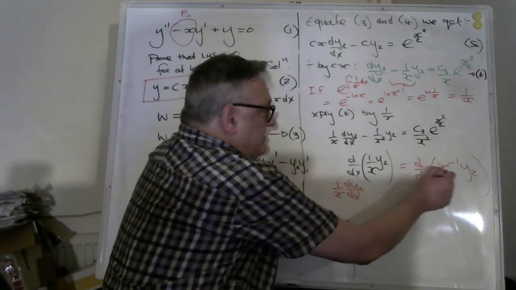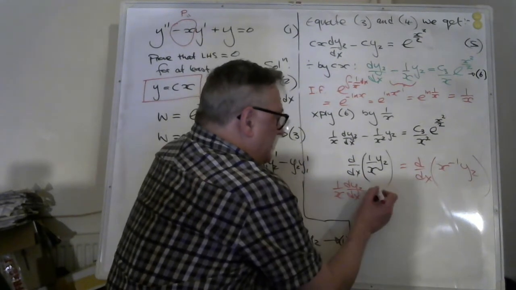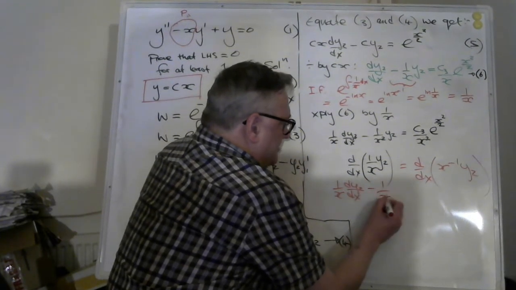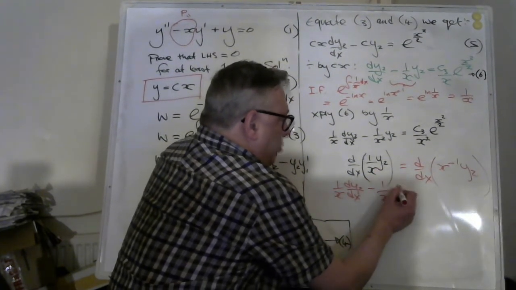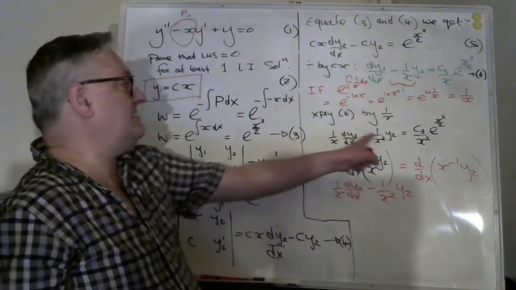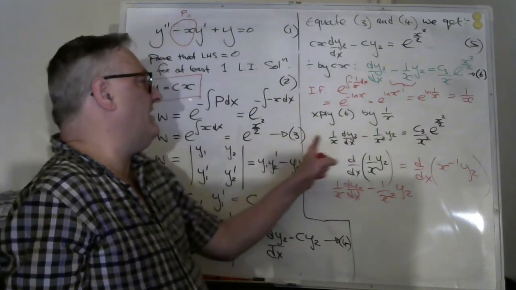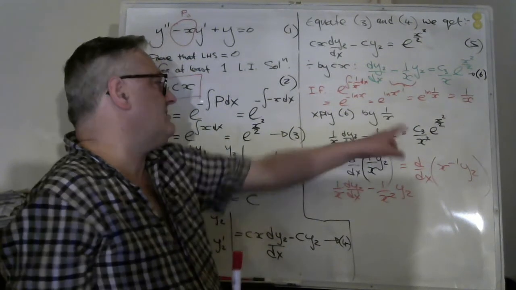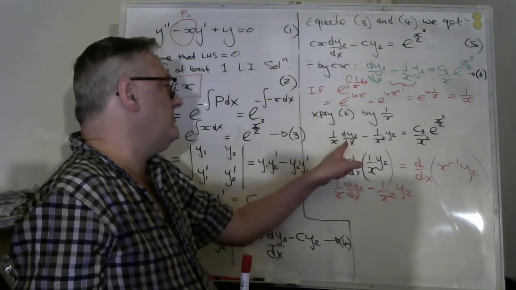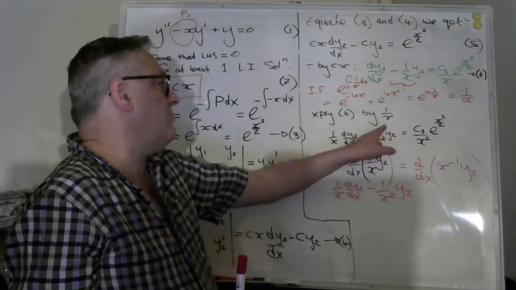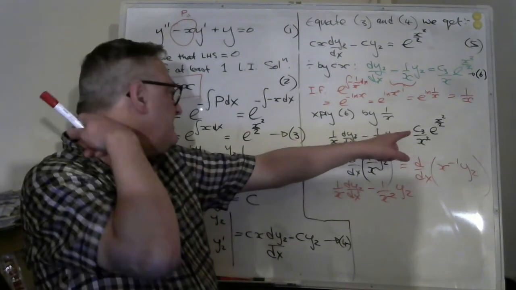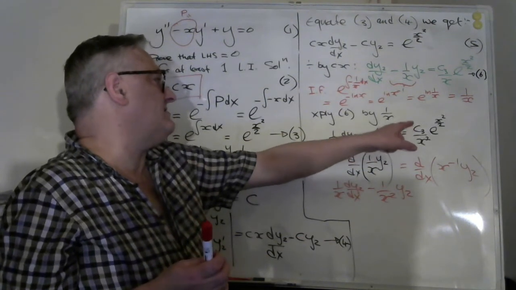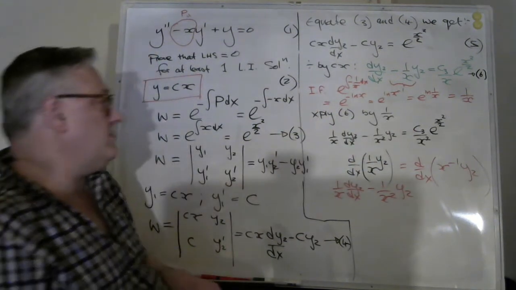So if you differentiate x to the minus 1, you just get minus 1 over x squared y2. And that, of course, is exactly what we've got on the line above: 1 over x dy sub 2 by dx minus 1 over x squared y sub 2 equals c3 over x squared, all times e to the x squared over 2.